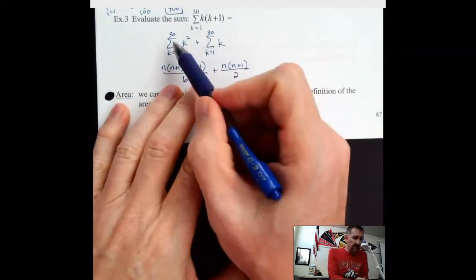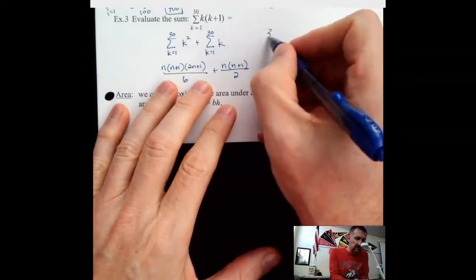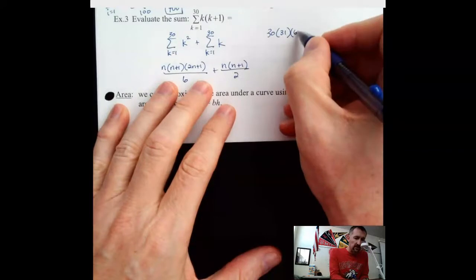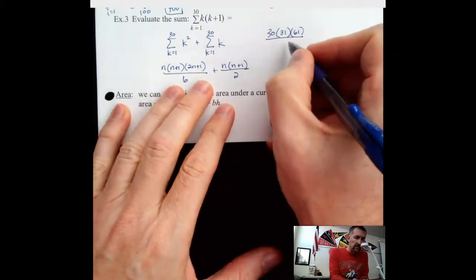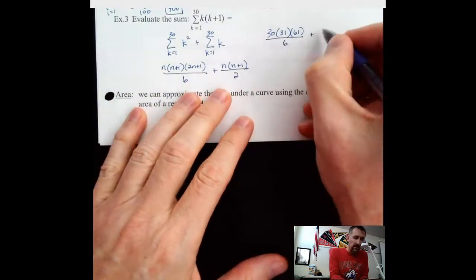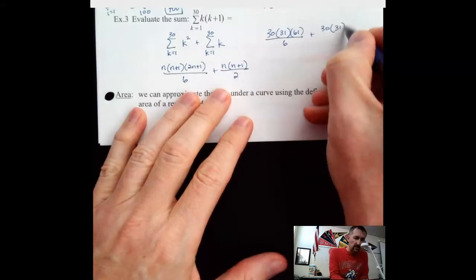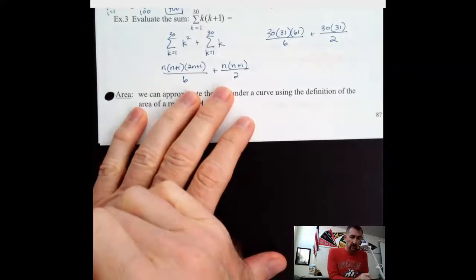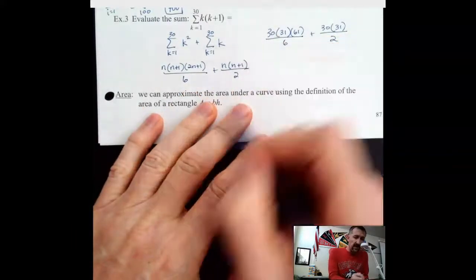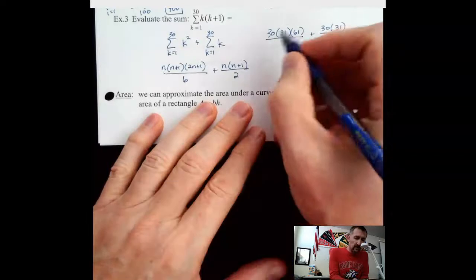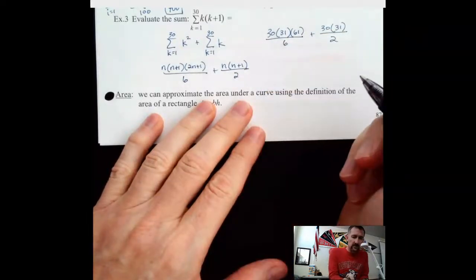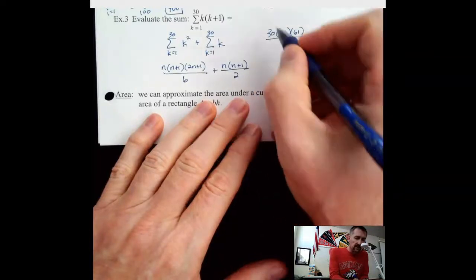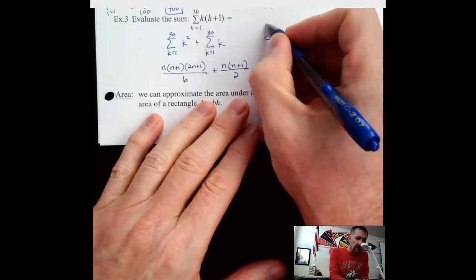So now if I want to apply that, n is 30, so that's going to be 30 times 31 times 61 over 6 plus 30 times 31 over 2. Okay, so that's going to reduce to 5.